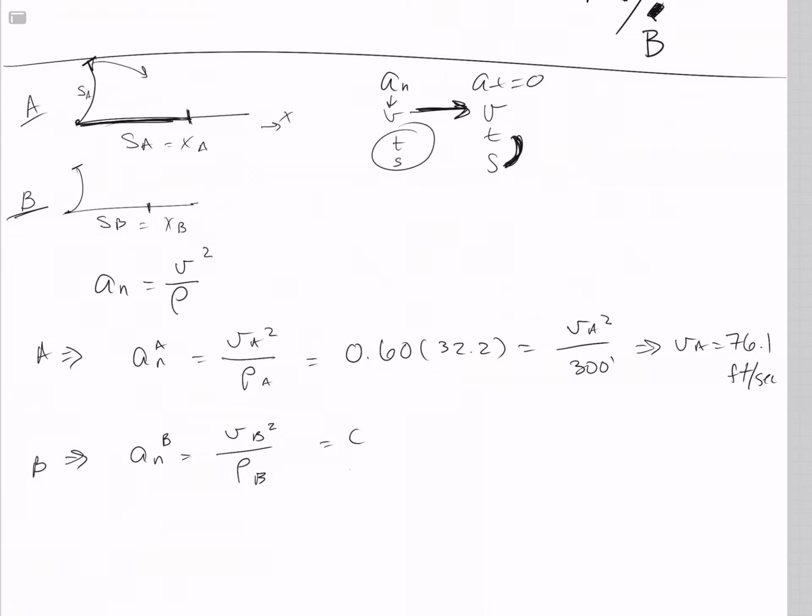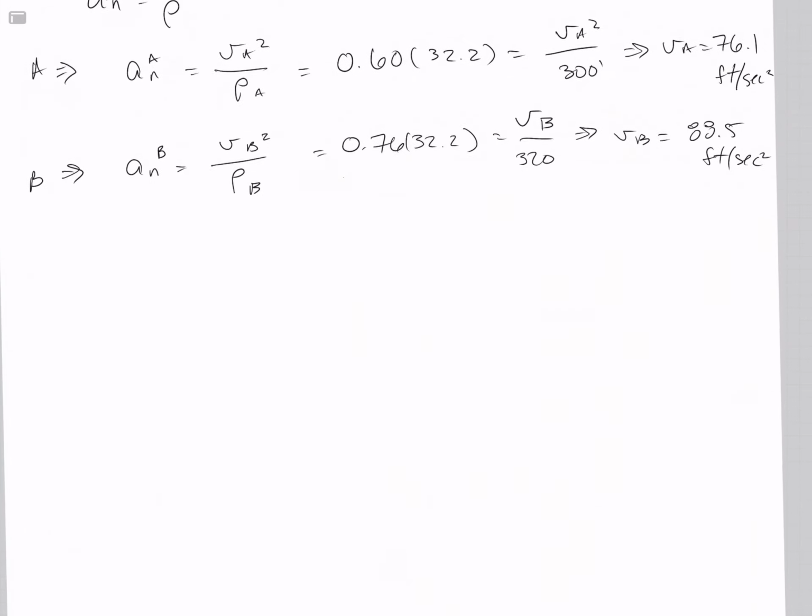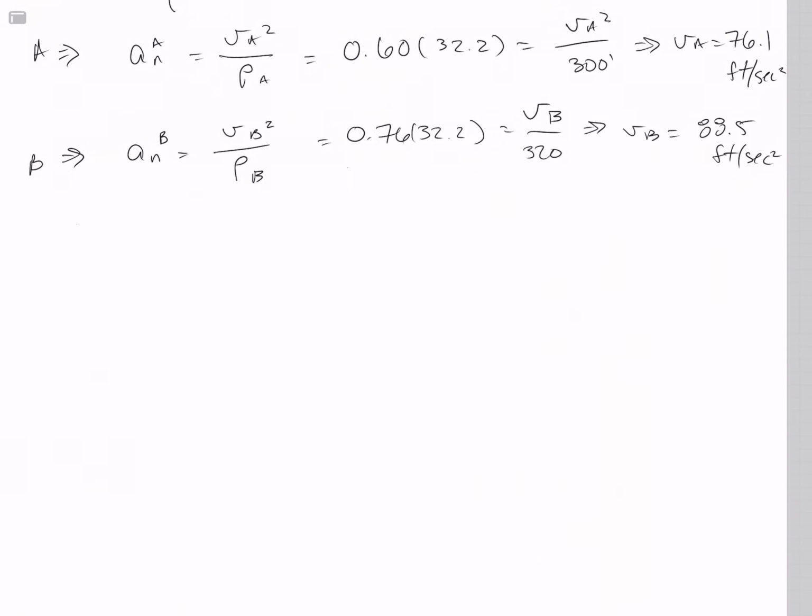And doing the same thing for car B, AN of B equals VB squared over rho of B equals 0.76 times 32.2 equals VB squared over 320 feet, and that makes VB equal to 88.5 feet per second. So now we solve for the velocity of both of them. And remember, we're solving for all of these of both cars because we don't know which one comes first.